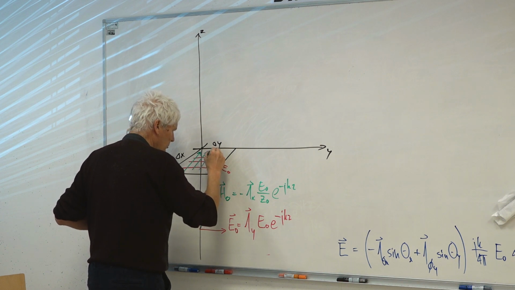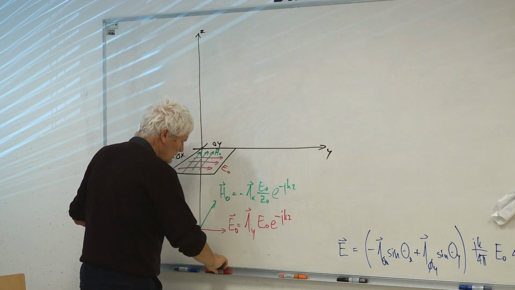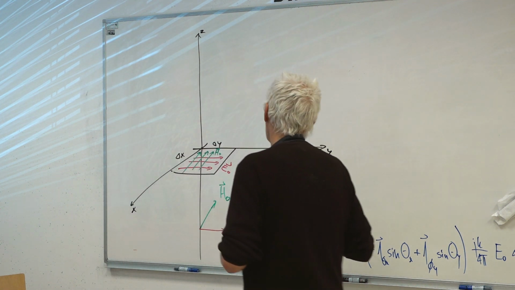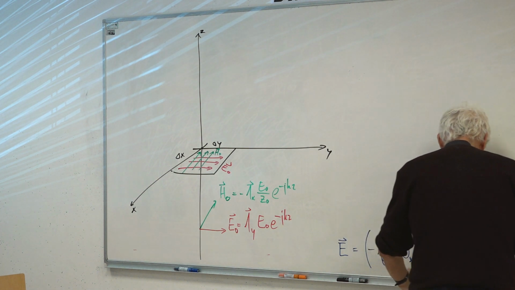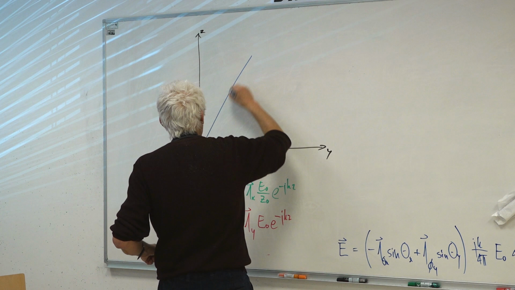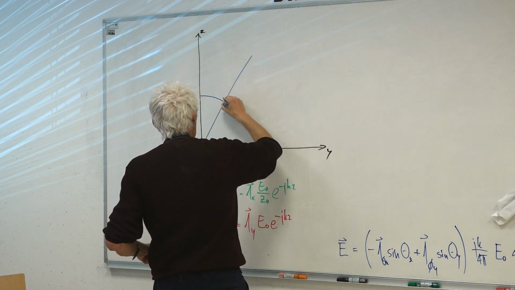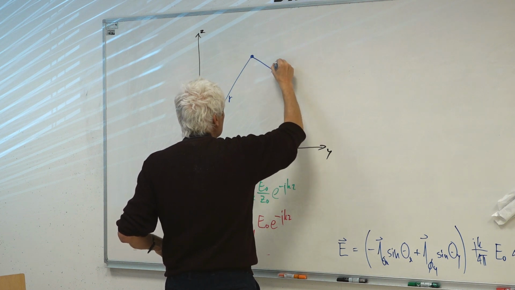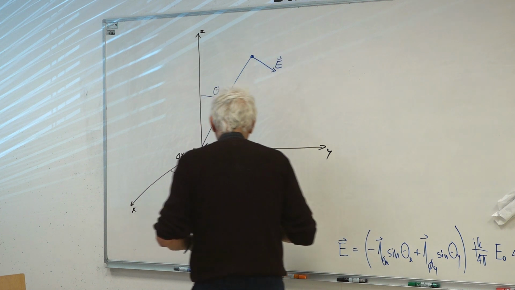What is now the radiated field at an arbitrary point in space? So this is R, this is theta. What is now here the radiated electric field?